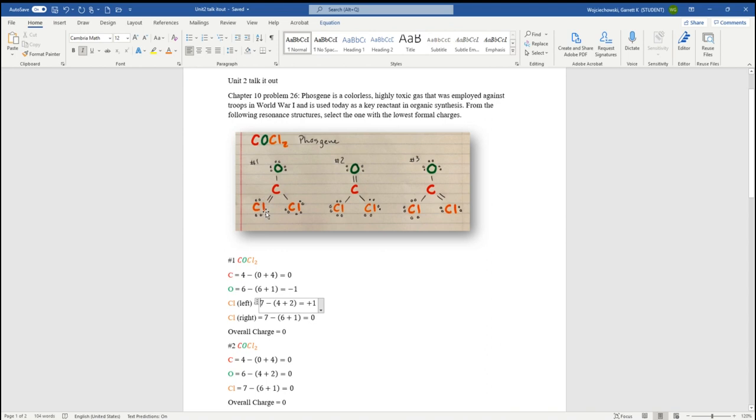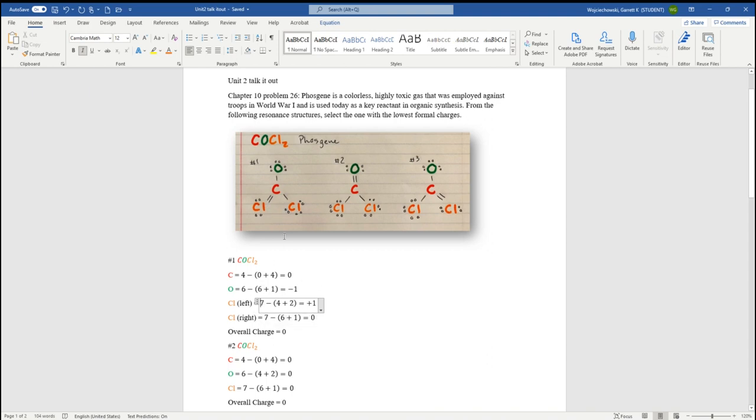For this left side chlorine, we see that there are 4 non-bonding electrons, and then we add that to the 2 bonding electrons. 4 divided by 2 is 2. So 4 plus 2 is 6. 7 minus 6 is positive 1. And we find that the chlorine is positively charged by 1.